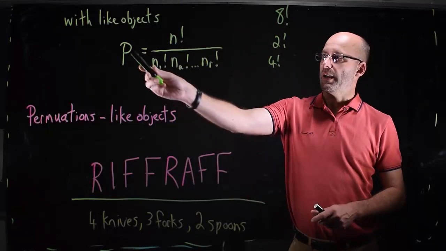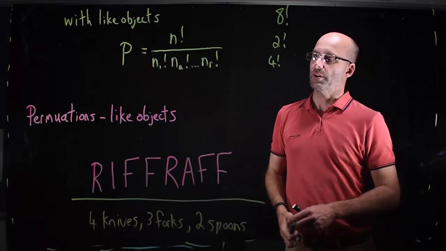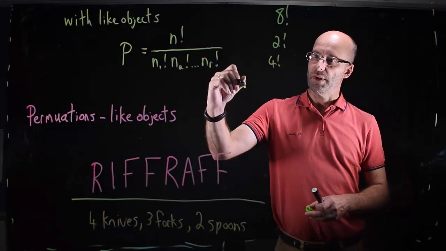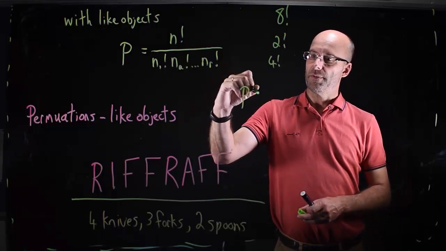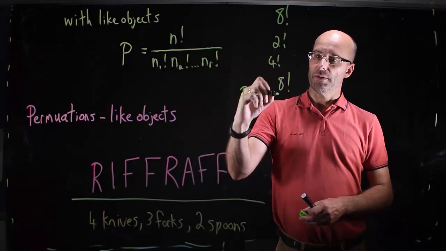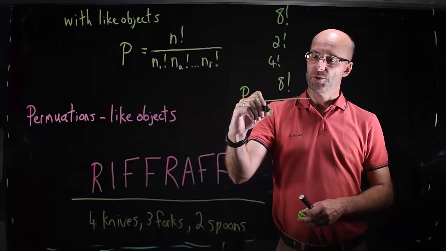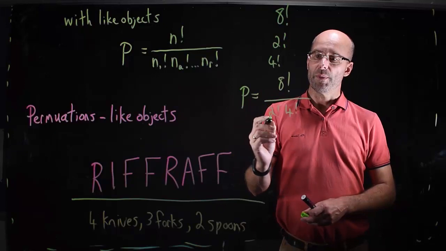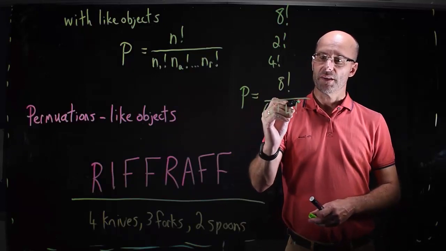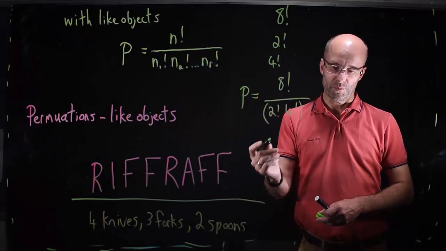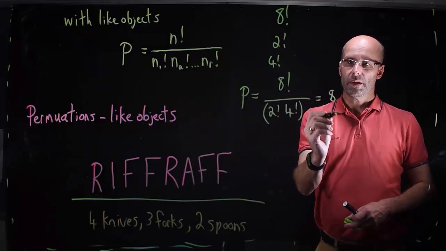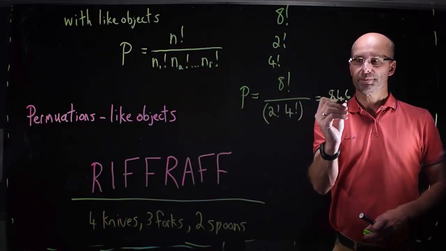So using our permutations with like objects formula, which we've established, we can substitute that in there. So we have 8 factorial divided by 2 factorial times 4 factorial. Remember, in a calculator, that's essentially what's happening there. That gets grouped together, and 840 is our answer for that.